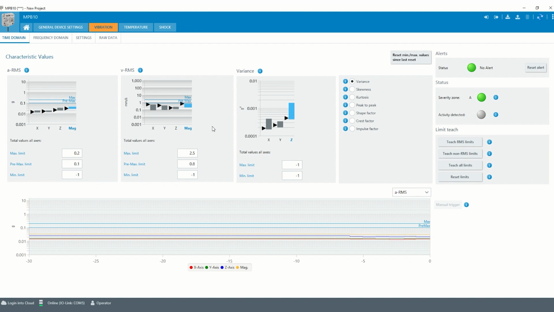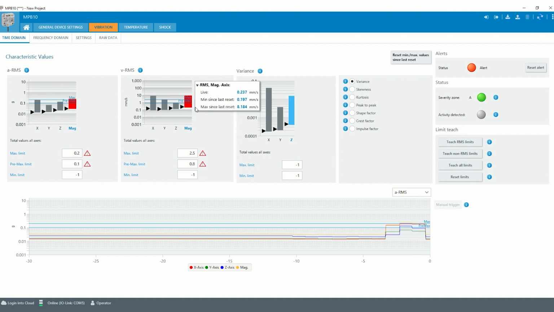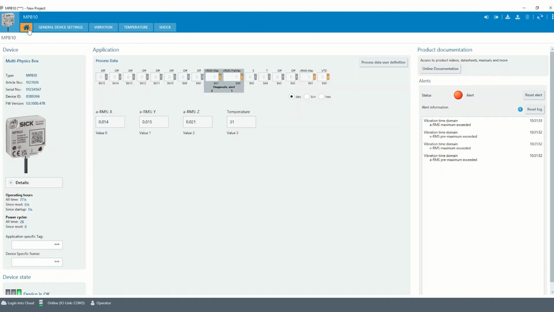If any alarm that is mapped into the process data occurs, like for example the VRMS max, the alarm bit is activated.